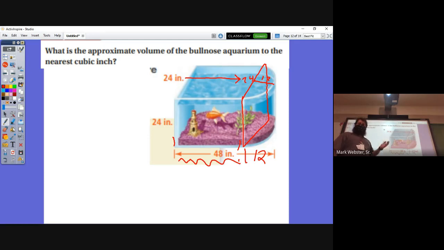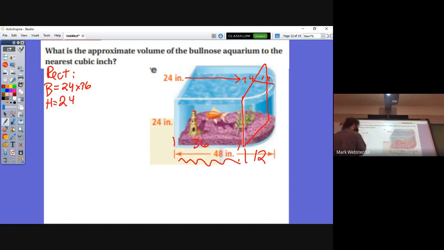Yeah, right? Part plus part equals whole. What plus 12 equals 48? 36 plus 12 equals 48. So we know that this piece right here is 36, right? Well, now we have everything we need. We know that for the rectangle, the area of the base is 24 by 36. The height is 24.